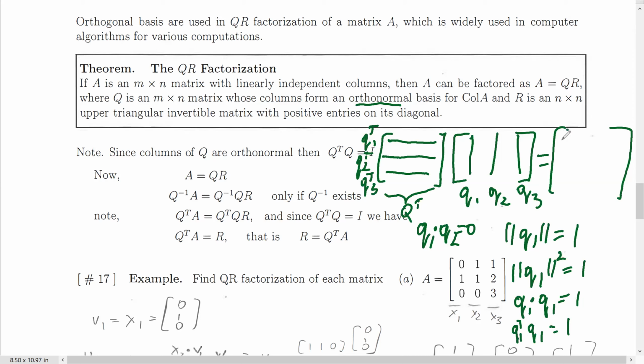So this value is 1. If I take Q1 transpose times Q2, this is the dot product of Q1 and Q2, which is 0 because they are orthogonal. Only Q2 with Q2 would be 1, which is this entry right here. All the others would be 0, 0, 0, 1. That's why if we have a matrix that has orthonormal columns, Q transpose Q is always equal to the identity.